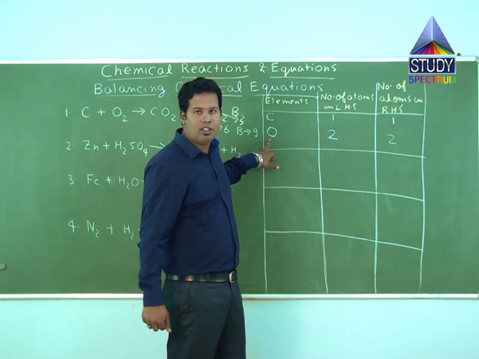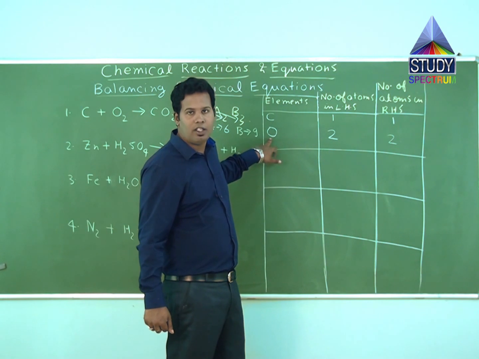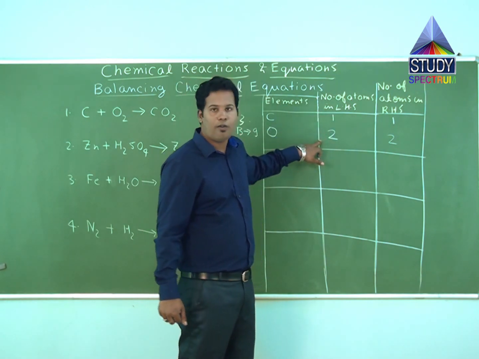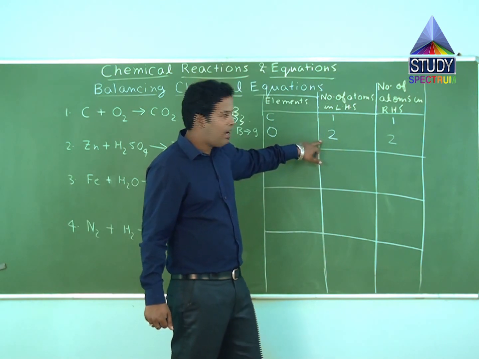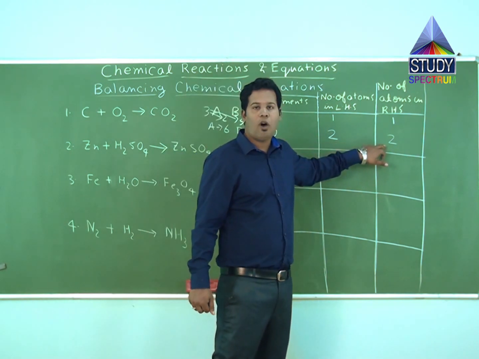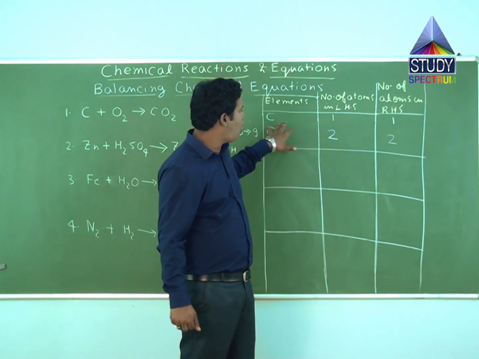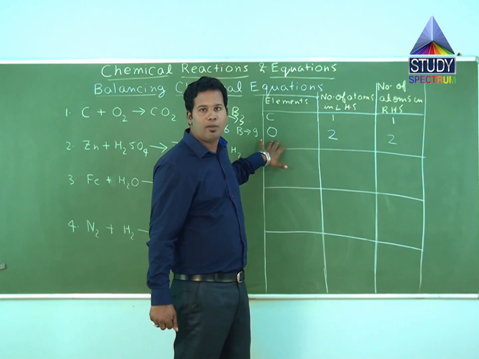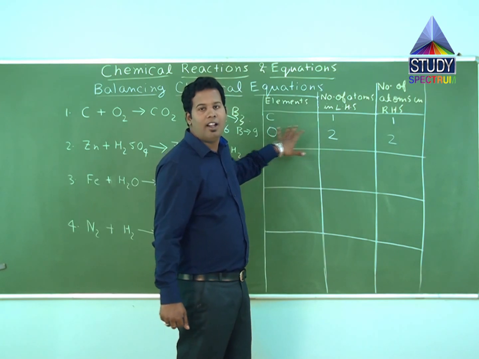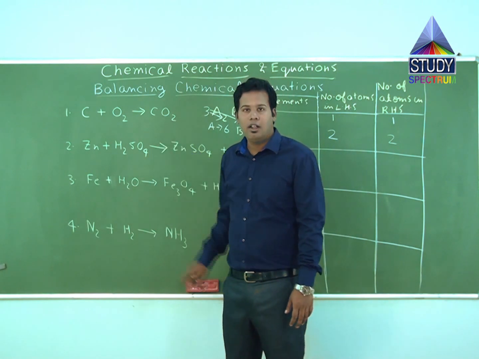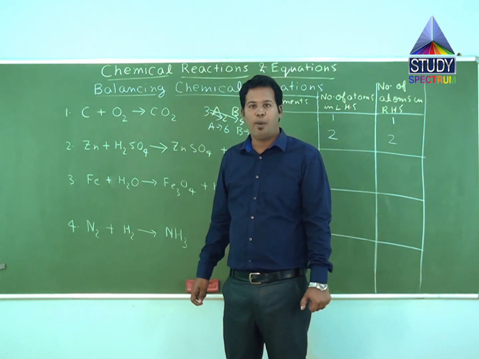Whereas if you talk about oxygen, the second element involved in this equation, the number of atoms of oxygen in LHS is 2, and the number of atoms of oxygen in RHS is also 2. So the number of atoms of carbon and oxygen in both LHS and RHS are the same. It means this reaction is already balanced in terms of conservation of mass.